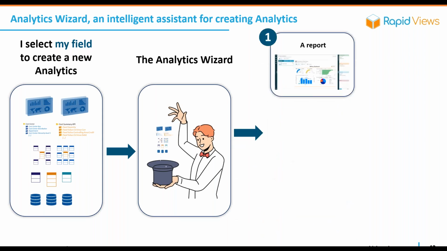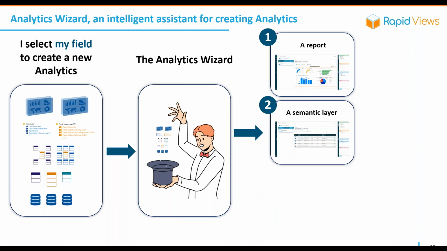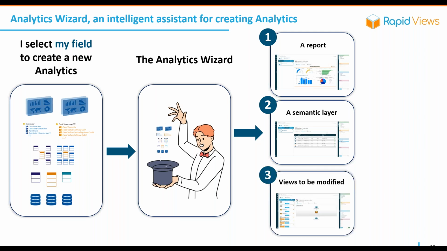And what if the system tells you, based on what you drag and drop, a report already exists, or if it's not the case, maybe a semantic layer contains all the information that you want, or if it's not the case, the system will tell you which view or which cube you can start with to be able to build what you asked.